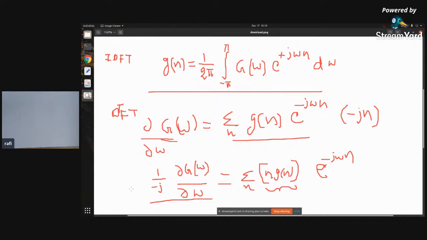This minus 1 by j you can write as j. So j into dou G of omega by dou omega is the DTFT of n into g of n. Is it clear?